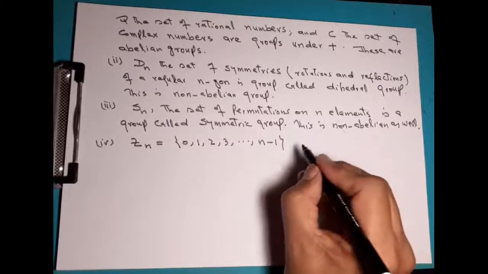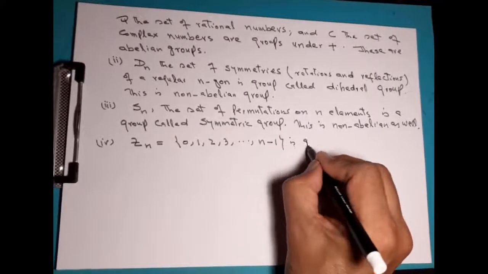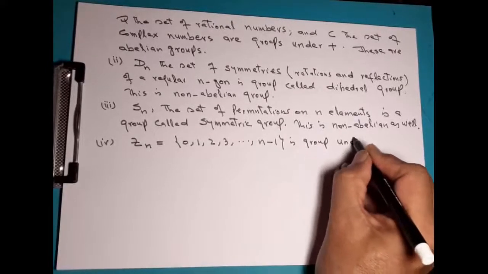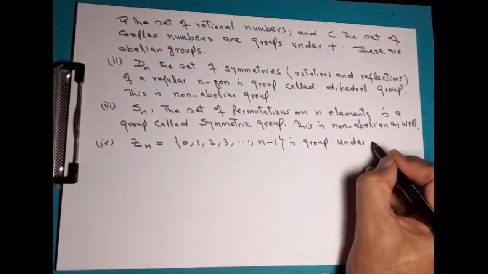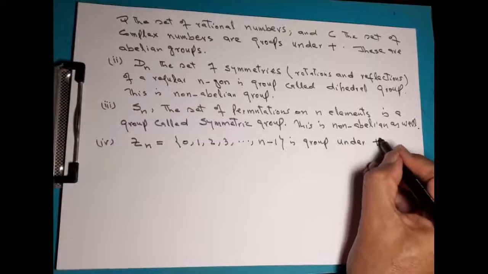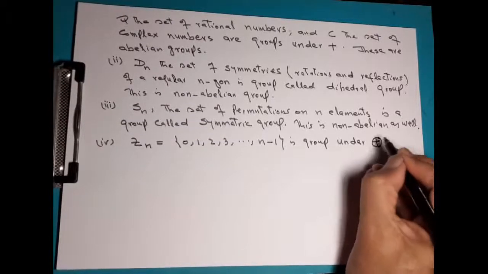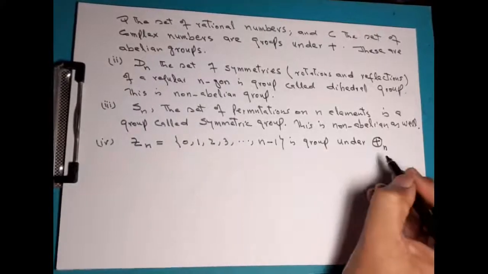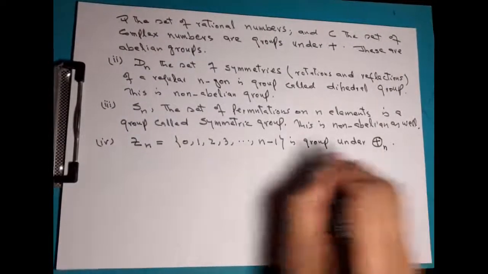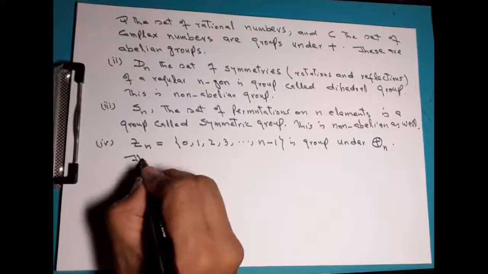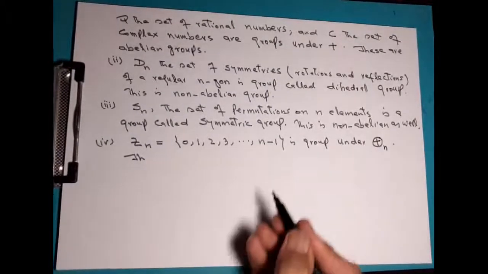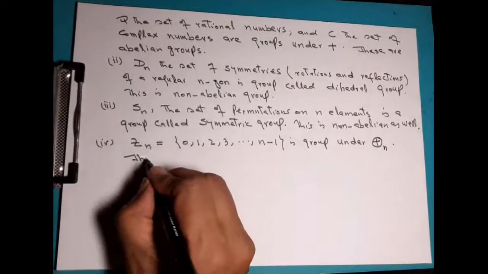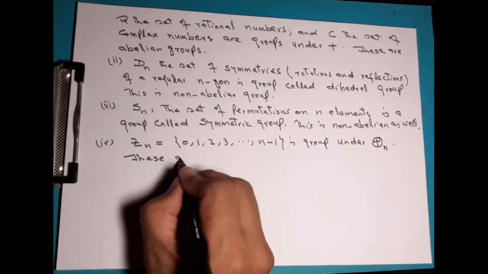So Zn is a group under binary operation, addition modulo n, and this is an abelian group. In fact, these are many groups. For each n you obtain such a group.